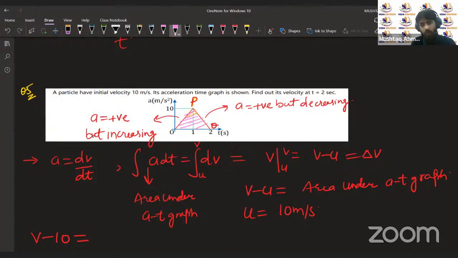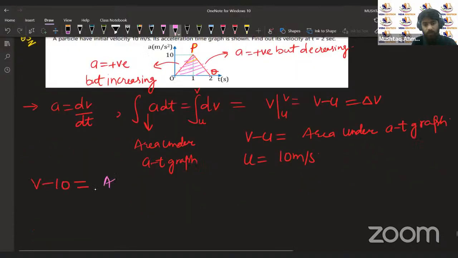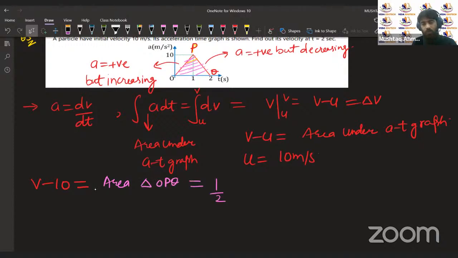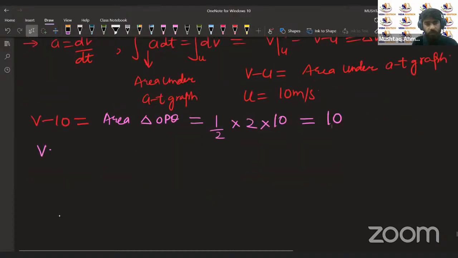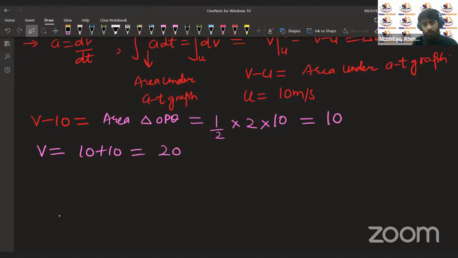The area of the triangle OPQ is half of base into perpendicular. The base here is 2, and the perpendicular, from this point to this point, is 10. So the area is 10. The final velocity v will come out to be 10 plus 10, that's equal to 20 meter per second.